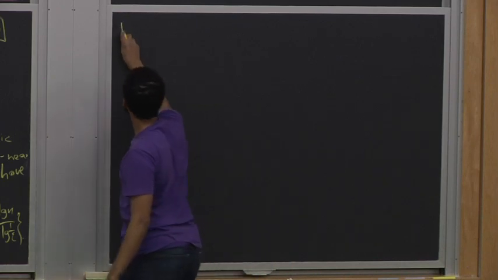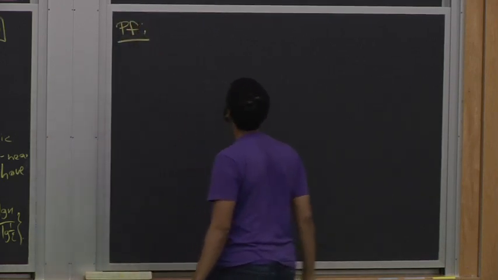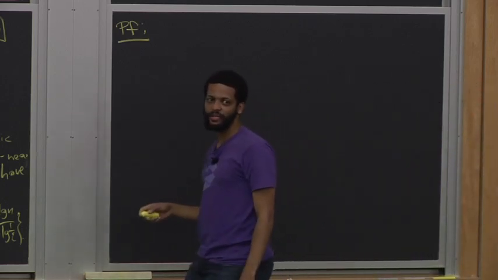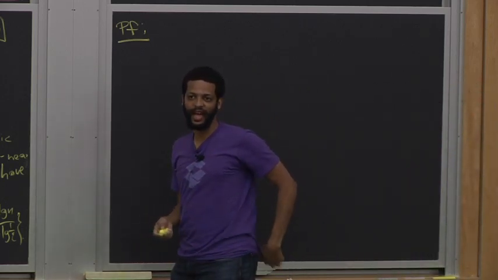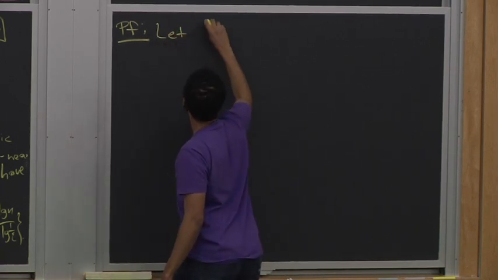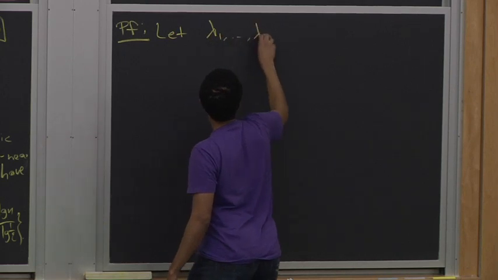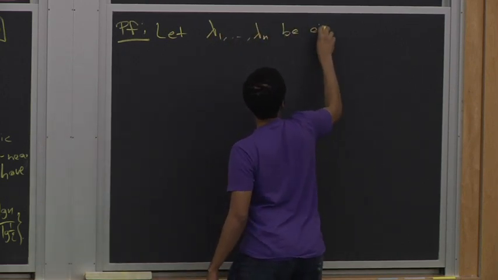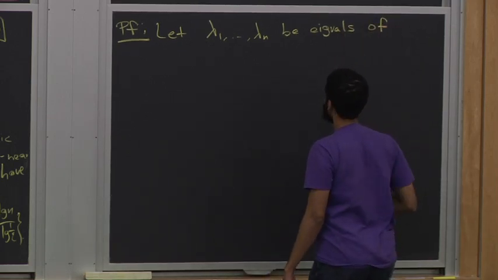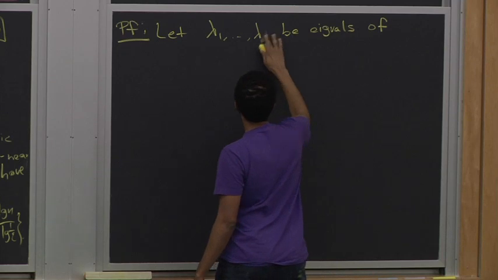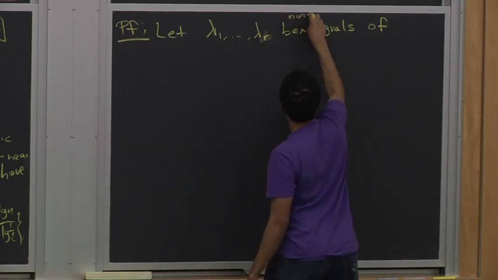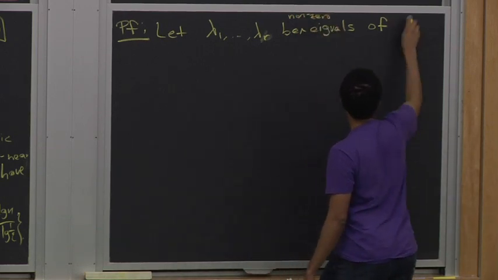So let's prove this. Whenever you have a real symmetric matrix, you can diagonalize it and you have real eigenvalues. So let lambda 1 through lambda n be the eigenvalues of A, and actually let me just say lambda 1 through lambda r be the non-zero eigenvalues of A, where r is the rank here.